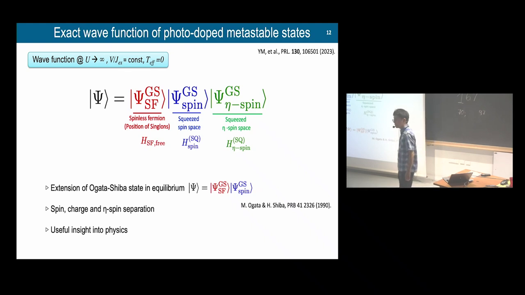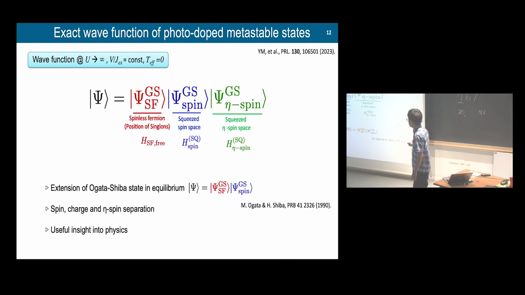But before I do that, let me remark on a few things. If you are familiar with the 1D doped equilibrium Hubbard model, there is a spin-charge separation. And related to this, there is a well-known state called the Ogata-Shiba state, which is expressed as a direct product of the spinless fermion and the spin.